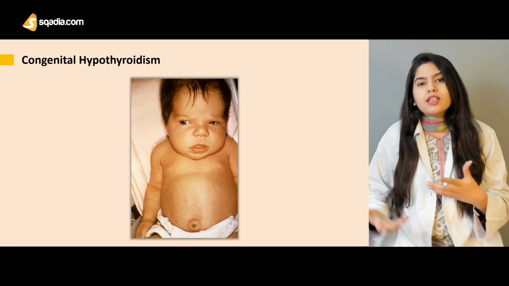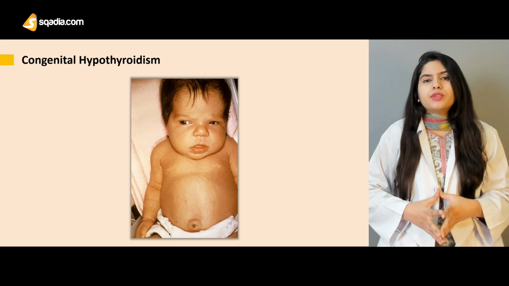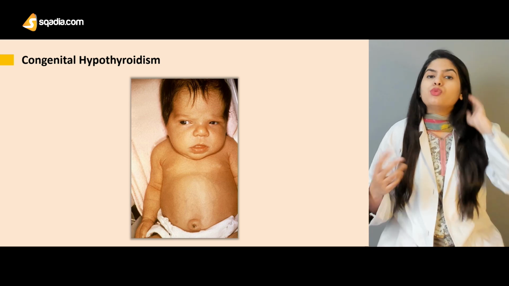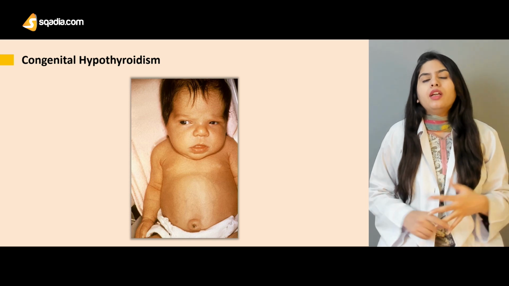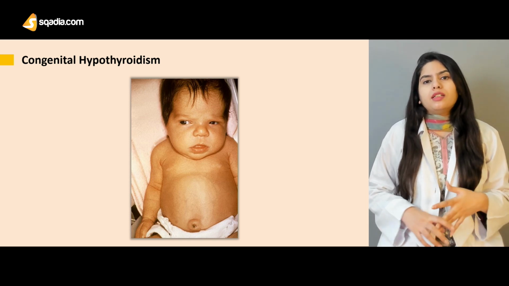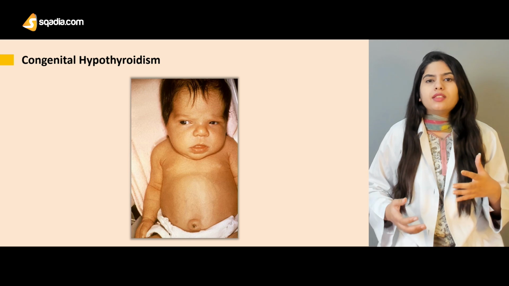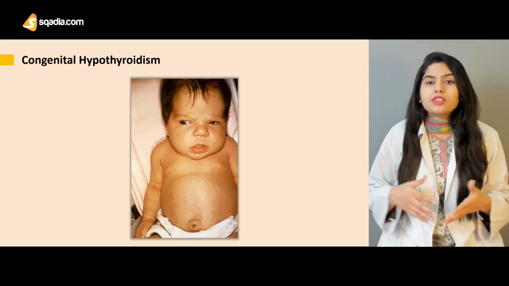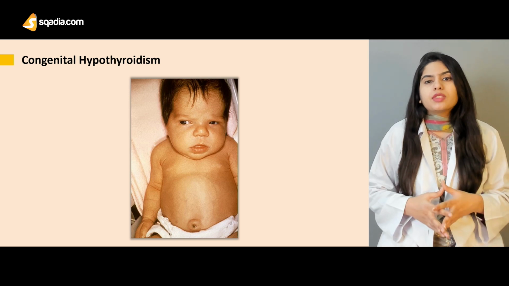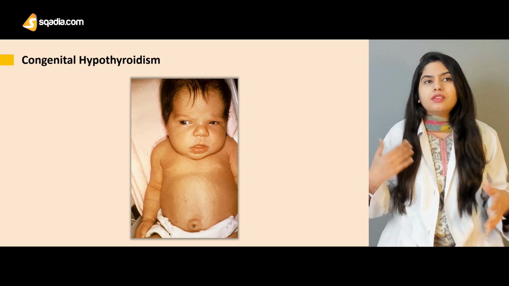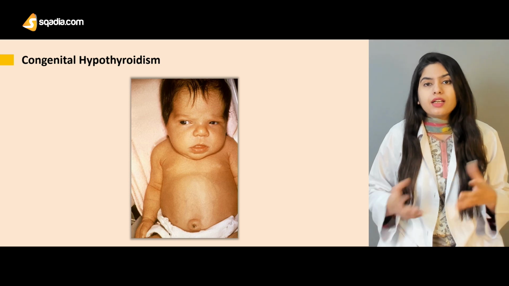Now, discussing the impact of congenital hypothyroidism or cretinism, there are two types of cretinism, the neurological one and the hypothyroid one. In neurological cretinism, there is some disturbance in neurological function, there can be mental problems, dysregulation, and ataxias can also occur.